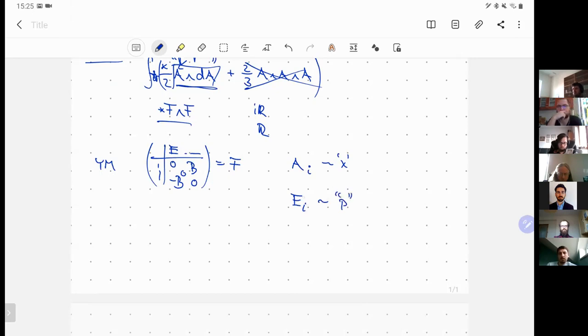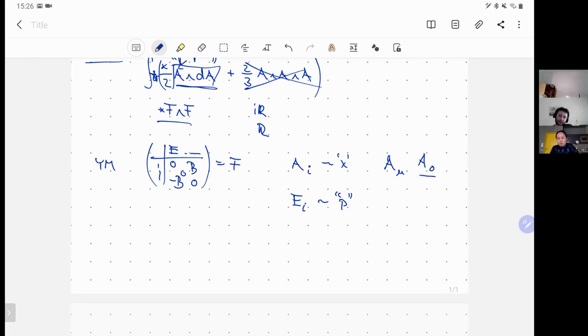Why I'm writing i here and not mu is for a reason. I'm not just being sloppy about indices. It's really that a priori you have A_mu guys, but then you realize that the A_0 guy is actually a Lagrange multiplier enforcing one of the constraints in the theory.